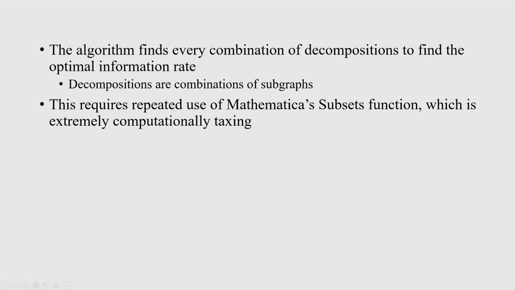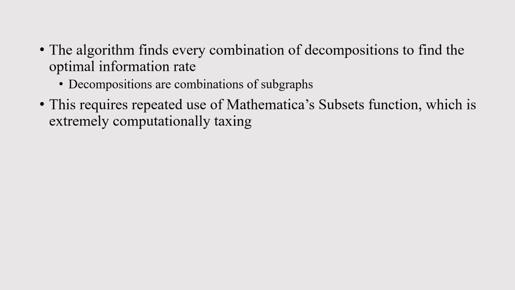So what is the cause for these graphs being too complex? After all, we did see that the decomposition function worked fine on a graph with, say, 4 vertices. Well, remember that we had to find every combination of decompositions, and remember that decompositions themselves are the combinations of subgraphs. These graphs with 7 vertices can have dozens of complete multipartite subgraphs, and therefore hundreds of decompositions.